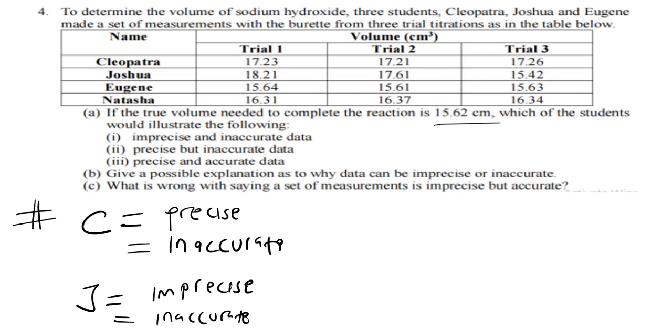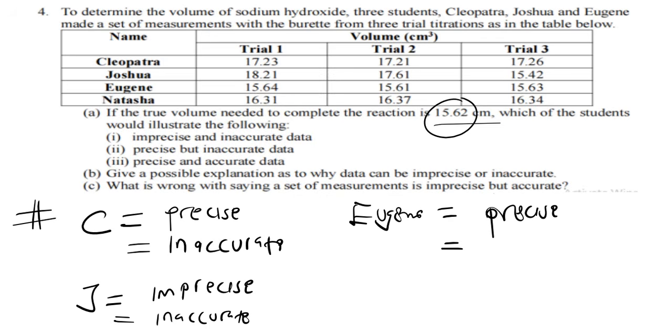Then we talk about Eugene. I'm going to write Eugene here. Now Eugene, those are the values: 15.67, 15.64, 15.61, 15.63. So for Eugene, looking at his trials, the values are very close to each other. Eugene was precise. When you comment on accuracy, look at the true value.